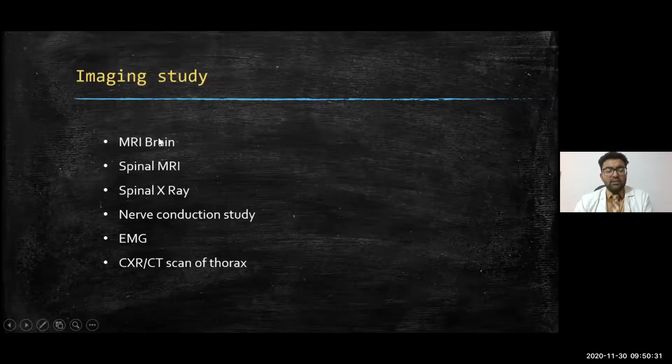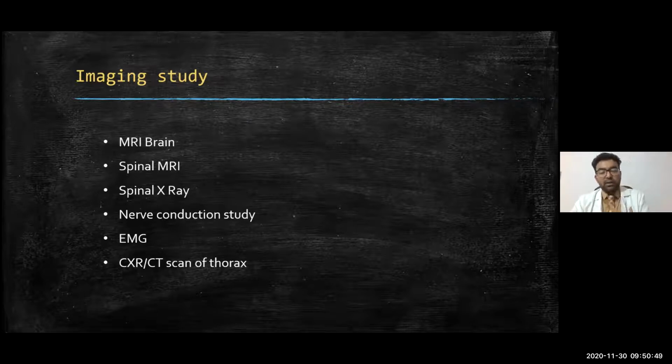The other imaging studies important to identify the cause are MRI of the brain, spinal MRI, spinal X-ray, then nerve conduction study, electromyography, and also a CT scan of the thorax to look for any abnormalities or a tumor that can metastasize to the brain and give rise to the abnormal gait.